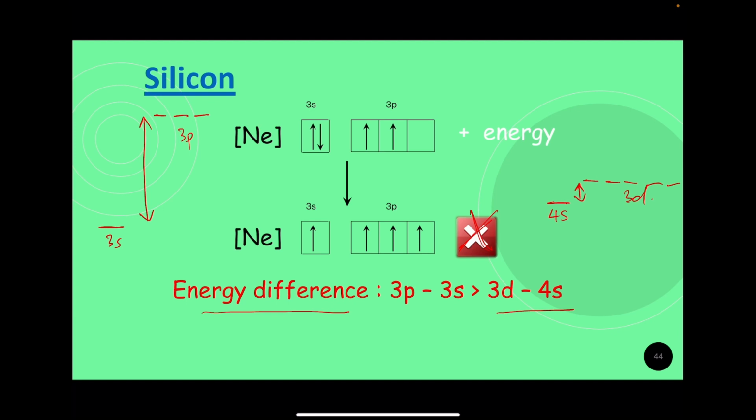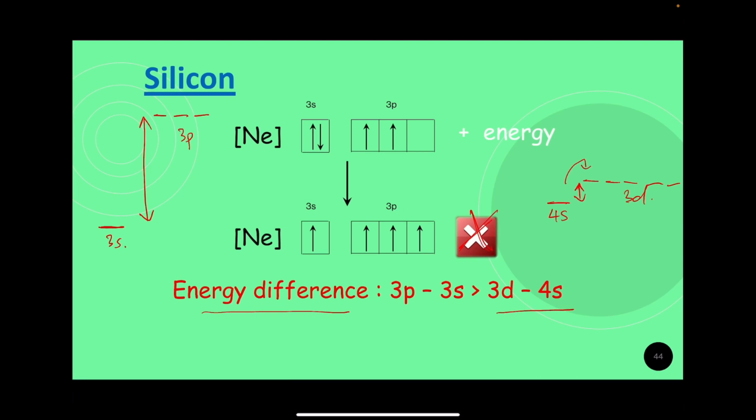Then the transfer of electrons from 4s into 3d will happen. However, in 3s and 3p the rearrangement will not happen, because the energy difference between 3p and 3s is quite high. That's why the process is very impossible to happen.